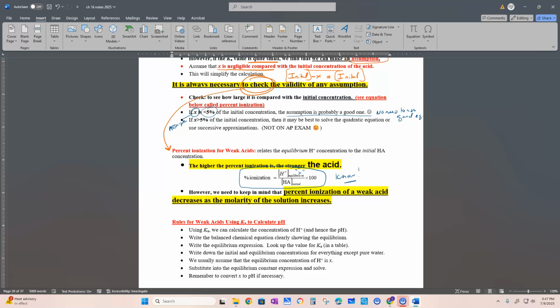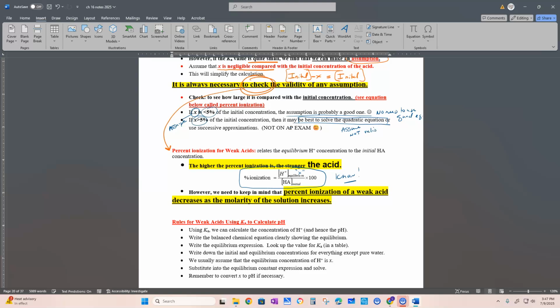However, if that x is above 5, it's a bad assumption, and then you have to go back and use the quadratic equation. So the assumption is not valid.